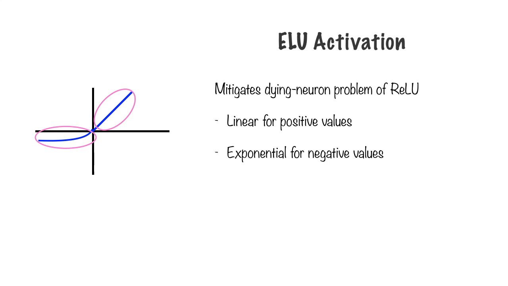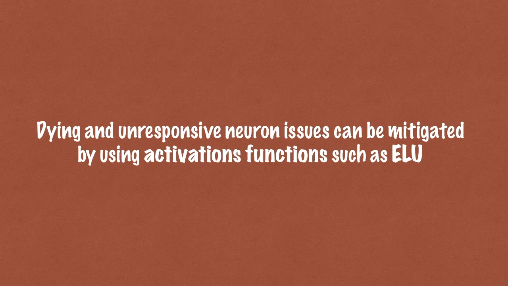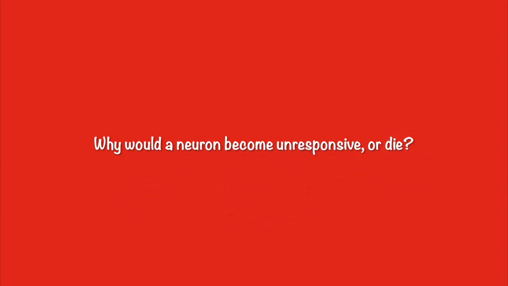It's exponential with a very small slope for negative values. The use of the ELU activation function over the ReLU is a major improvement when dealing with vanishing and exploding gradients, and thus dying or unresponsive neurons. Dying and unresponsive neuron issues can be largely mitigated by using activation functions such as the ELU, which is why it's the new favorite.